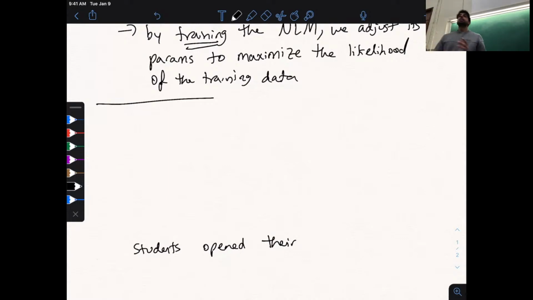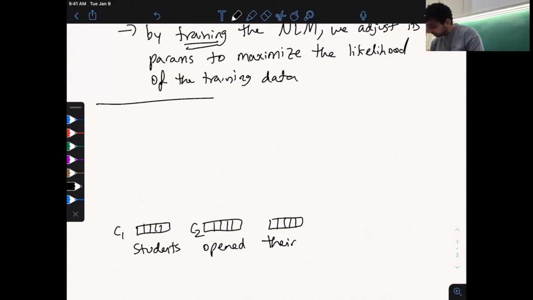And so the first thing we do in any sort of neural language model is associate these tokens with their corresponding embeddings, right? So I have an embedding for students, an embedding for opened, and an embedding for there. These are the embeddings associated with those three words. We'll call those C1, C2, C3, following the notation from the previous class.